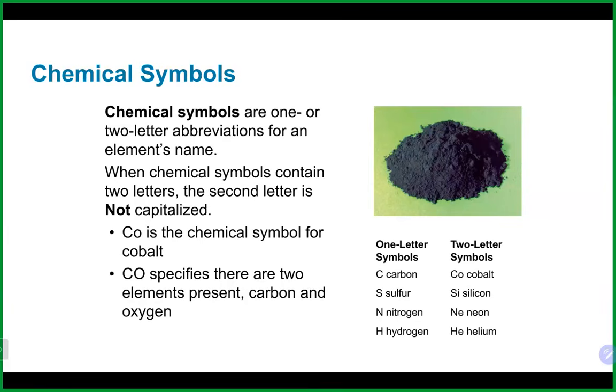So C is carbon, S is sulfur, nitrogen and hydrogen are common ones, Co is cobalt, sodium is Na, right? That is sodium, that's a common one. Potassium is K, that's also another very common one that we come across a lot. Silver is Ag.